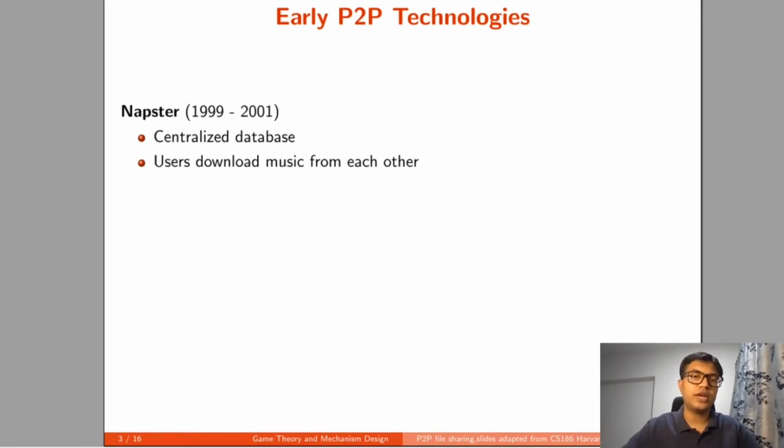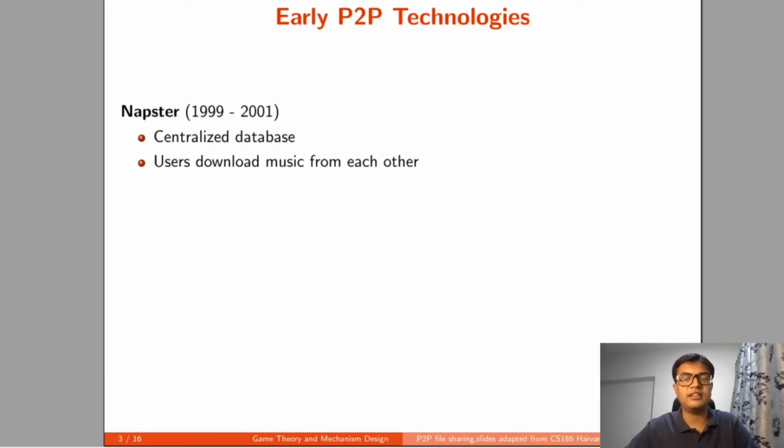So let us look at the historical development of peer-to-peer technologies. The first peer-to-peer technology to come up was Napster, which came about in 1999, and it closed down 2 years later. It had a centralized database which had all the files, and the users could download music from each other. The database kept control over who has which files.